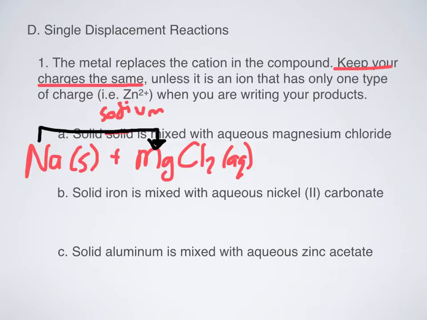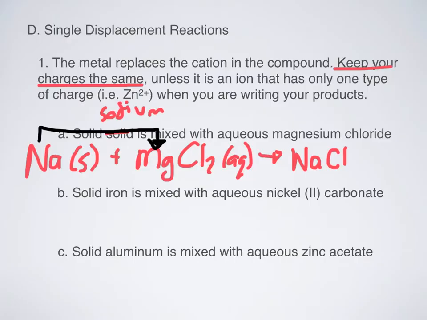So when I do my replacement, I got to make sure that everything is nice and taken care of on the opposite side. So I'm going to be making sodium chloride, which is just NaCl, okay? And we're not going to be dealing with any state changes here. So we're not going to put down solid, liquid, or gases on the opposite side when we're dealing with single displacement reactions. Okay, so for the time being, that's kind of the rule that we're going to be using.